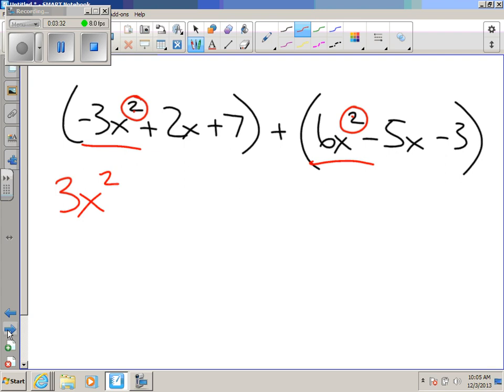add them. Now, a positive 2x combined with a negative 5x, negative 3x.